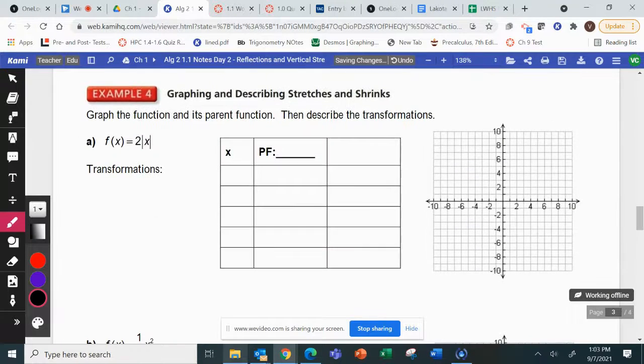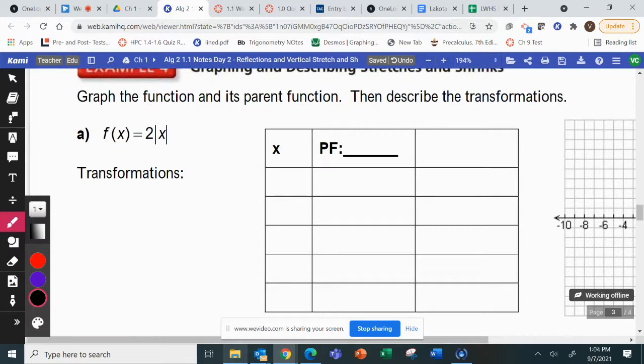So graphing and describing stretches and shrinks, the very first thing I do is look at my equation. f of x equals 2 times the absolute value of x. Yanzi, what is the parent function? f of x equals what, hun? Absolute value. Is that what you're saying? Absolute value, yeah. So that's my parent function. So my parent function points would normally be x's -2, -1, 0, 1, 2.